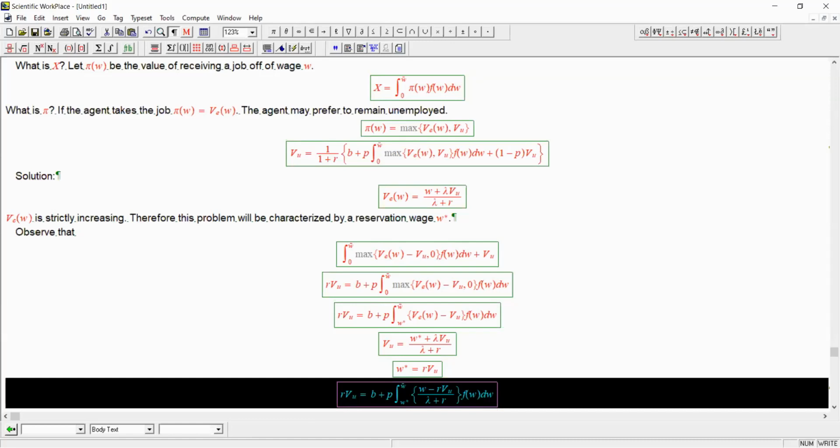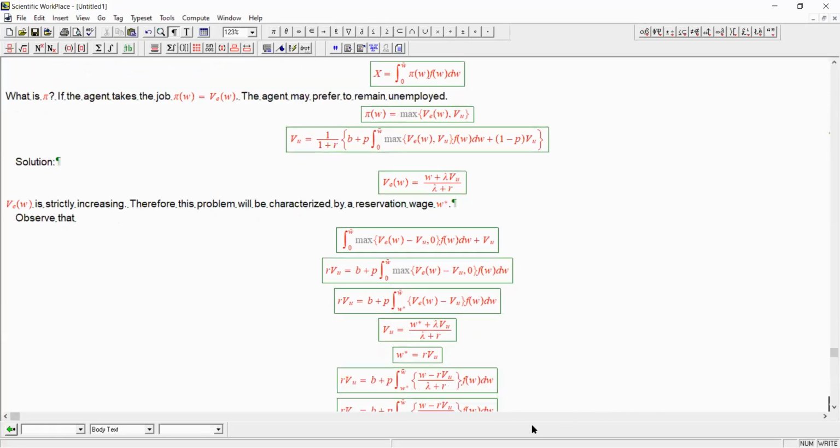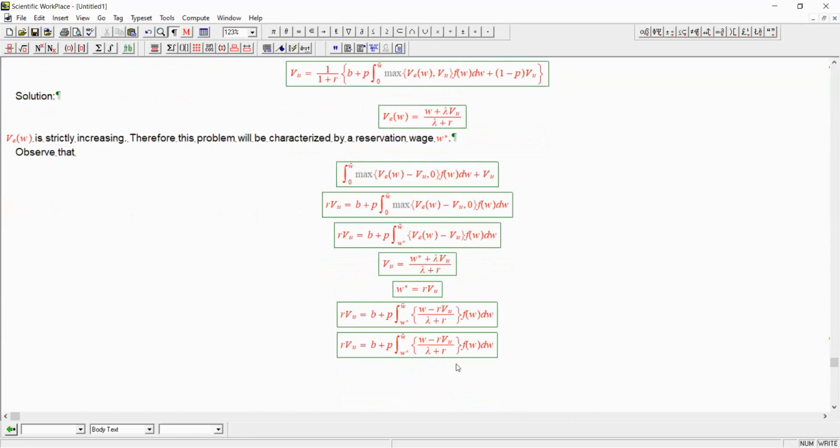First, let's set W star equal to 0. If W star equals 0, then we would have just this expression. If you rearrange, now we can take this outside. And notice furthermore that minus RVU is just a constant, so we can take that out of the integral as well.